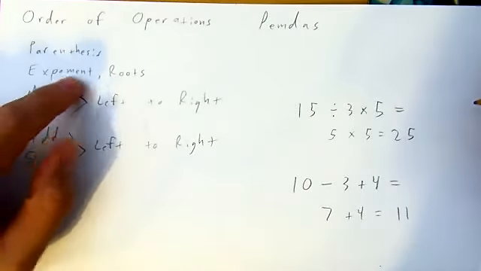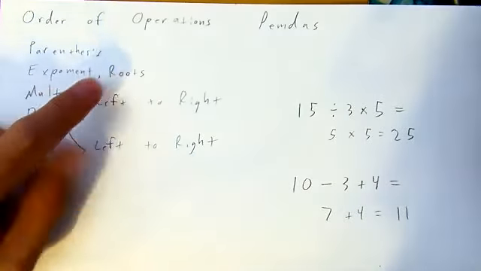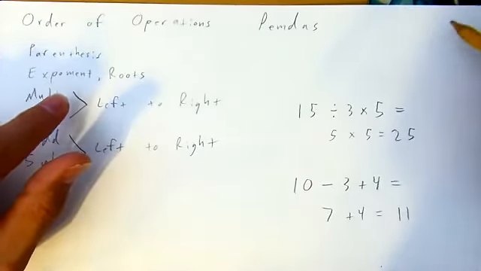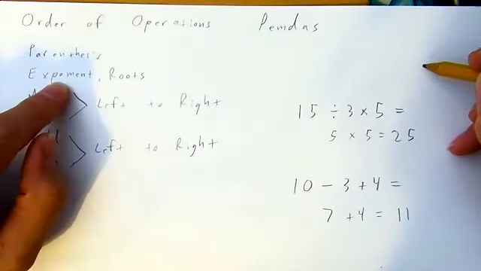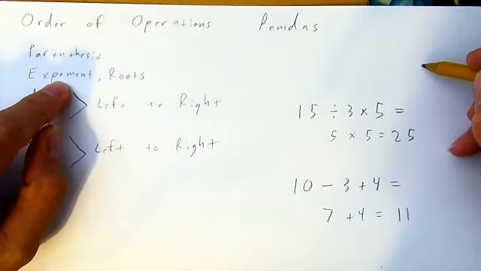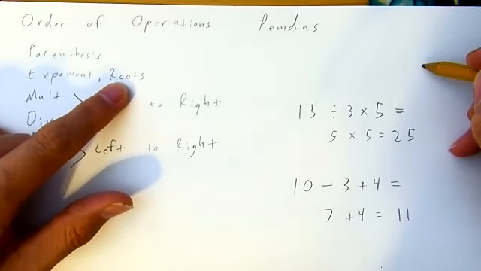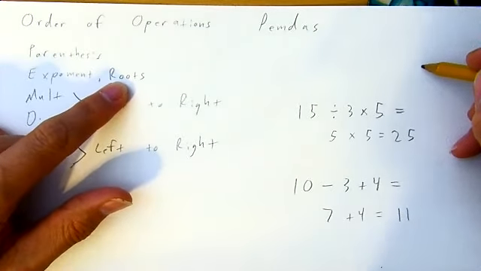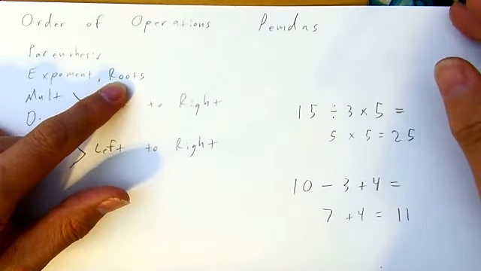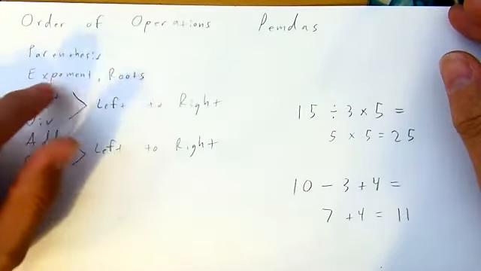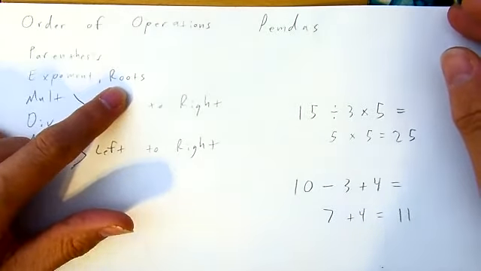Now there is a reason why they don't put roots in, and that is because in algebra, roots are actually turned into exponents. So if you had the square root of 25, it would actually be 25 to the 1/2. You don't have to worry about that on the GED or the TABE test. So you're not going to have any fraction exponents. So that's why I go ahead and write roots.